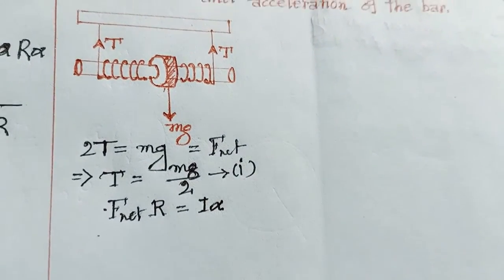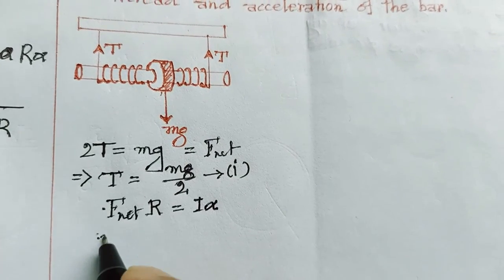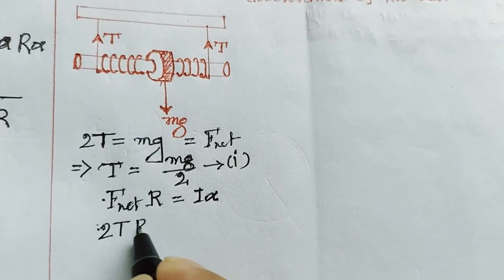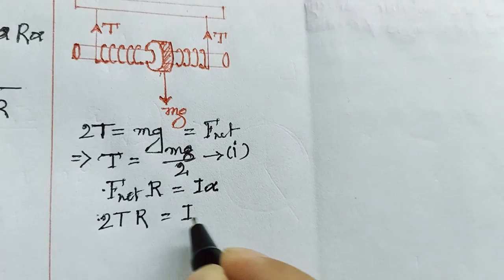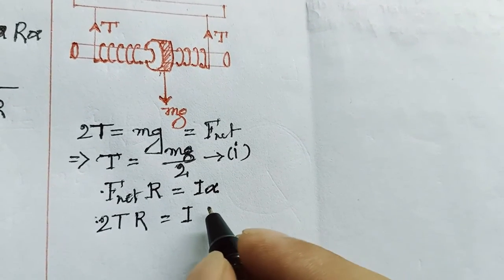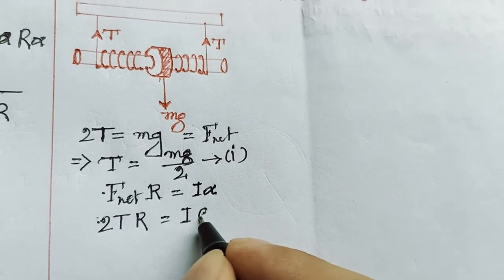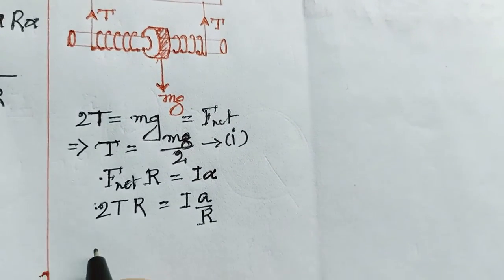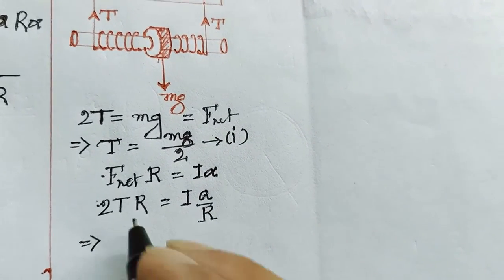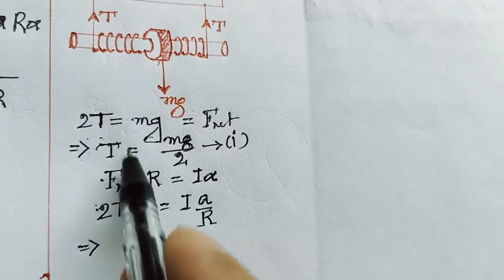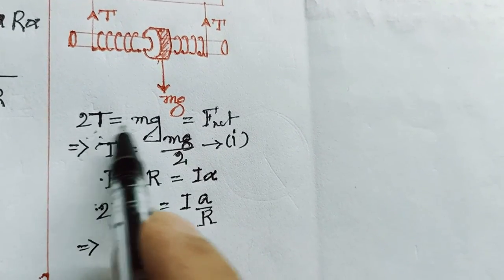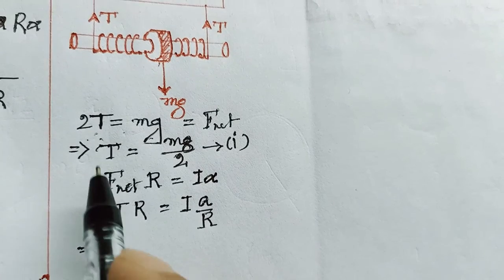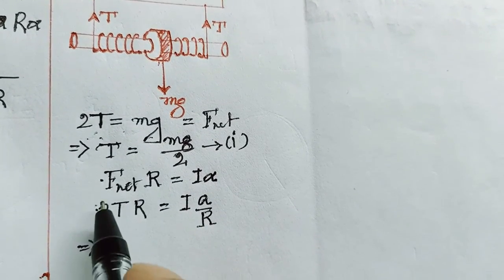From this equation we can write 2T into R equal to I alpha, but now the value of alpha is equal to A divided by R. From equation 1 we can see 2T equal to mg, so we can replace 2T with mg.